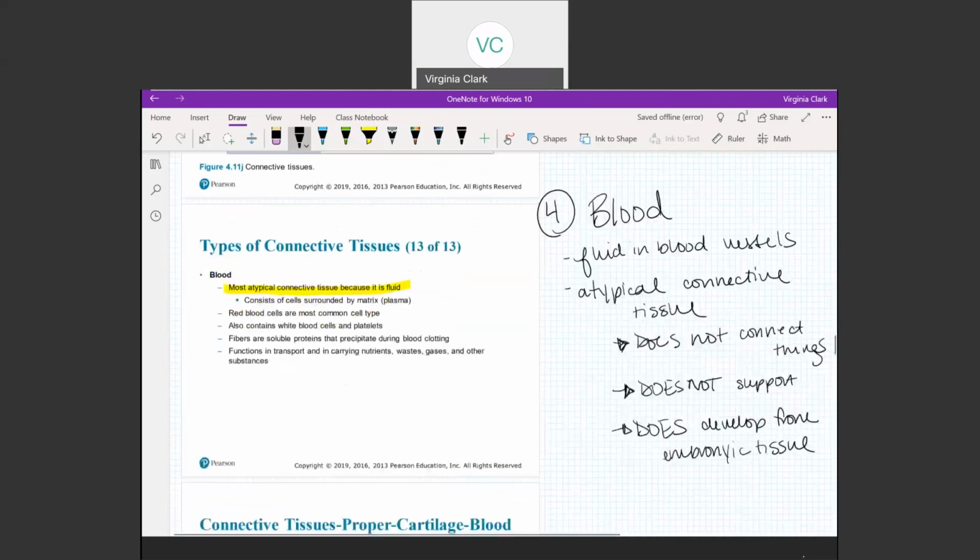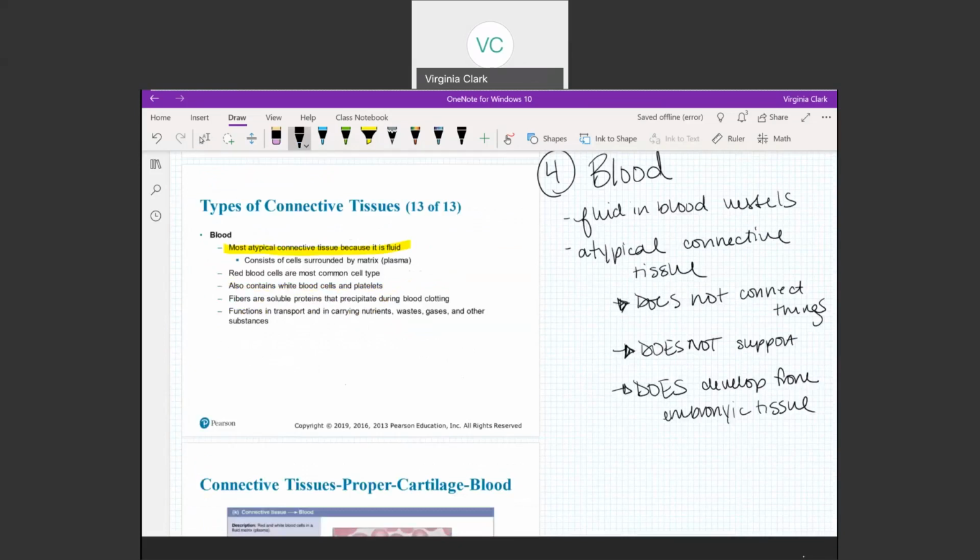And what's interesting is that it does have the matrix, which is going to be considered the plasma, and it does have cells, which are going to be considered the white blood cells and the red blood cells.